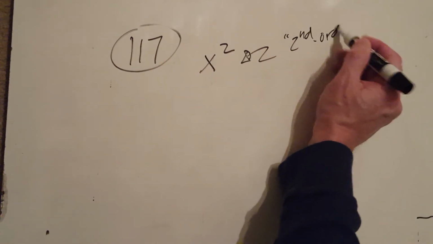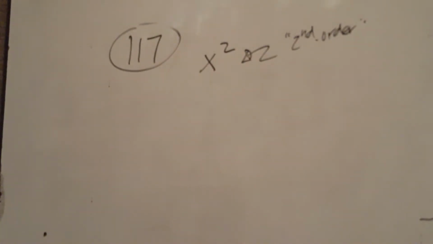So we're talking about second order equations. And trust me, in algebra, they're going to get really complicated with binomials and polynomials and all these second order equations and quadratics and so forth.